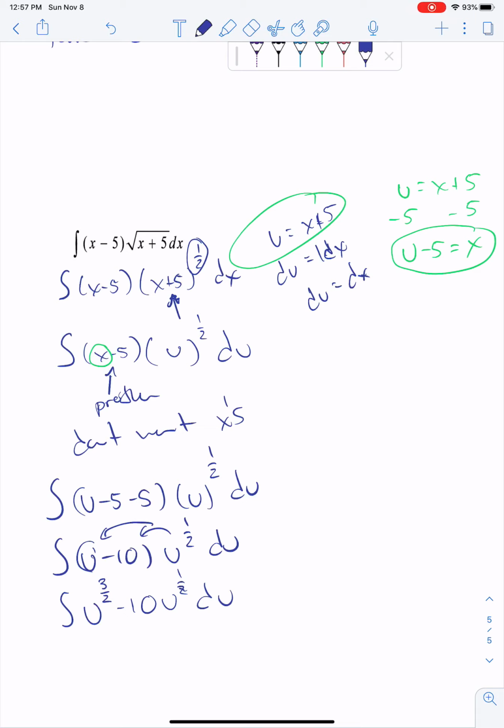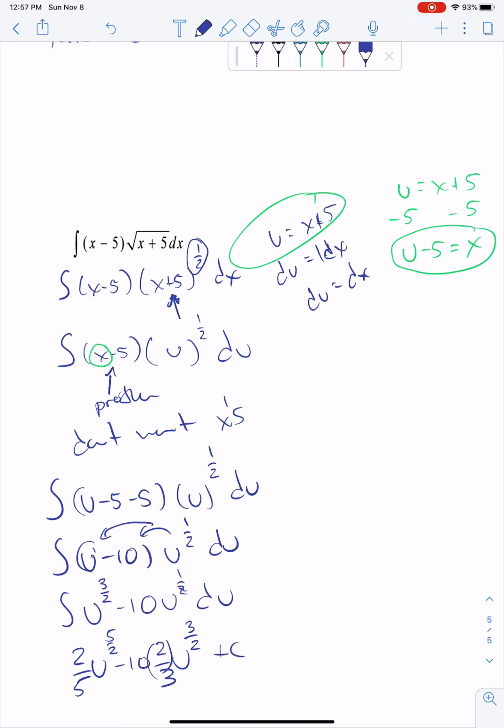So this u is going to go up to 5/2, which means I need to times by 2/5 out in front. And this u is going to go up to 3/2, which means I need to times by 2/3. But I also already have this negative 10 in front that I'm going to have to multiply by as well. And, oh, don't forget your plus c.